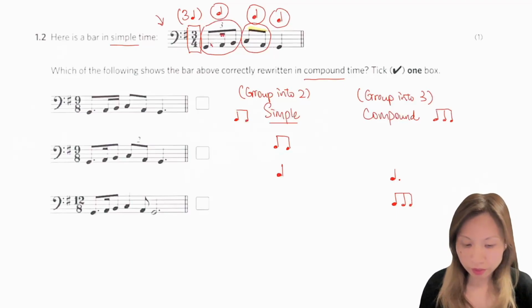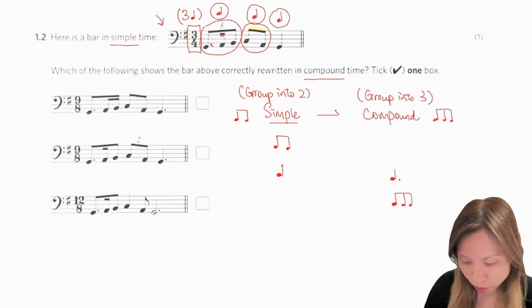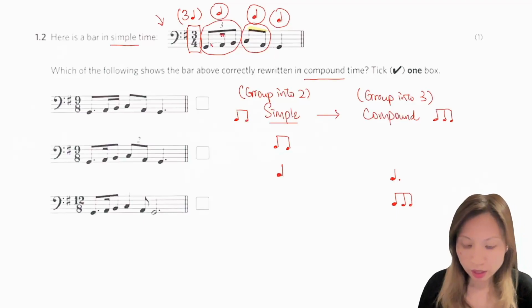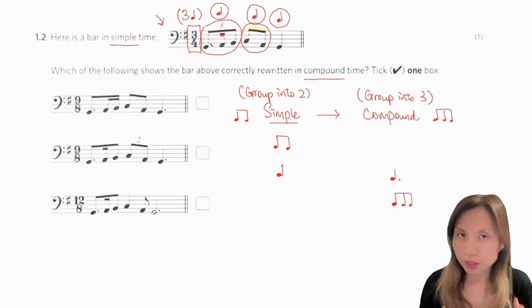Okay, now the thing is, when you change from simple time to compound time, for example, so this is what this question is about, right? When you change the rhythm, you are just changing the time signature and the grouping. The rhythm needs to be exactly the same.